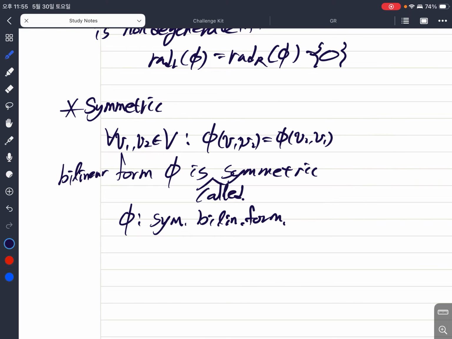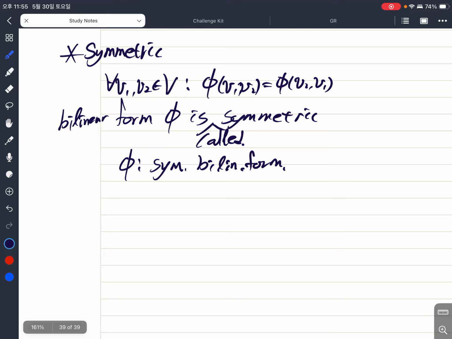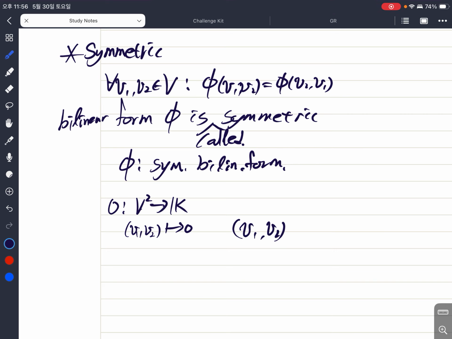And of course the trivial 0 map, where we send everything to 0, is also symmetric, because phi(v1, v2) is 0 and phi(v2, v1) is 0.